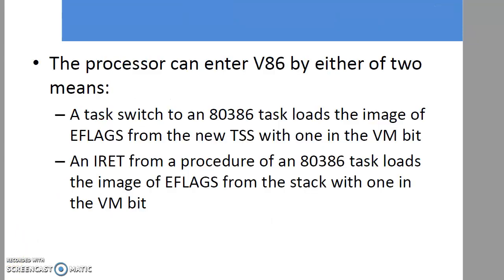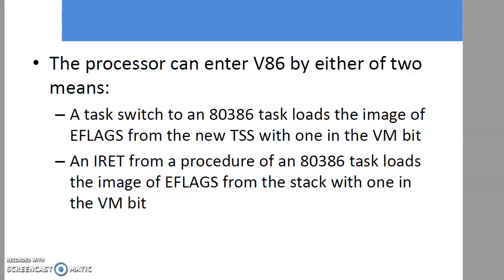Processor can enter virtual 86 mode by either of two means: a task switch to an 80386 task loads the image of E flags from the new TSS with 1 in the VM bit.